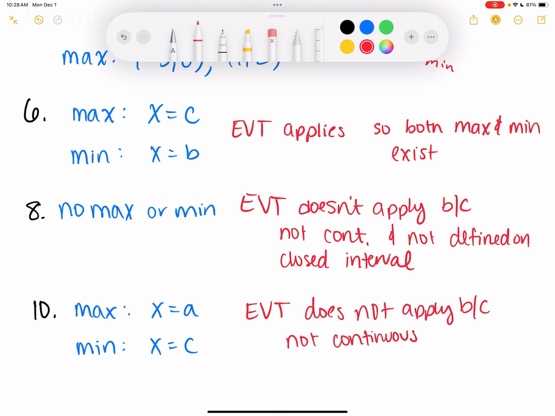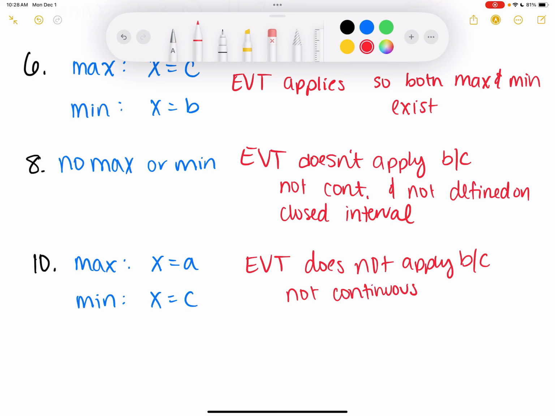So let me find, just as a refresher here. A critical point is a point in the interior of the domain of a function f at which f prime of 0 equals 0. So we're going to find the first derivative.